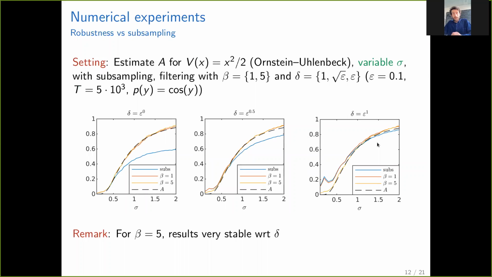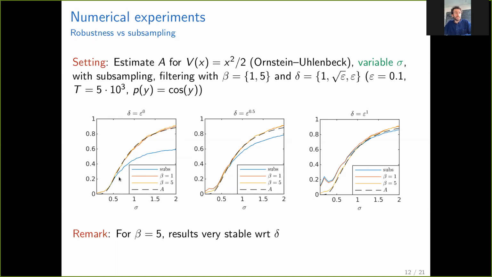So another experiment is done by taking a variable sigma. So instead of the 3 pictures we had before, we take maybe 20 values of sigma ranging between 0, 1, and 2. We see here the dashed curve is the value of the effective drift coefficient in this case. And the 3 figures correspond to the filtering width or the subsampling rate being equal to 1, square root of epsilon, and epsilon.